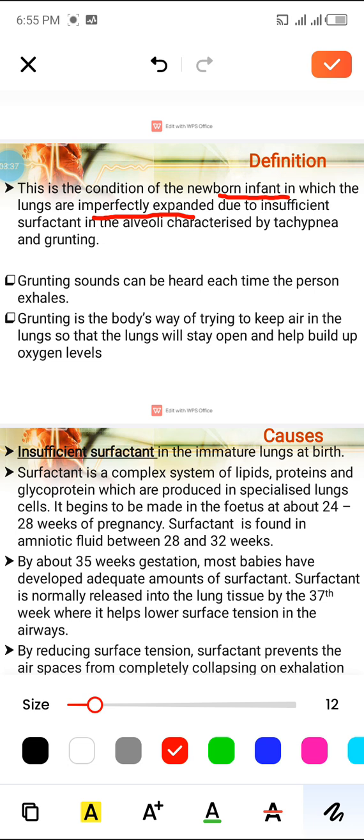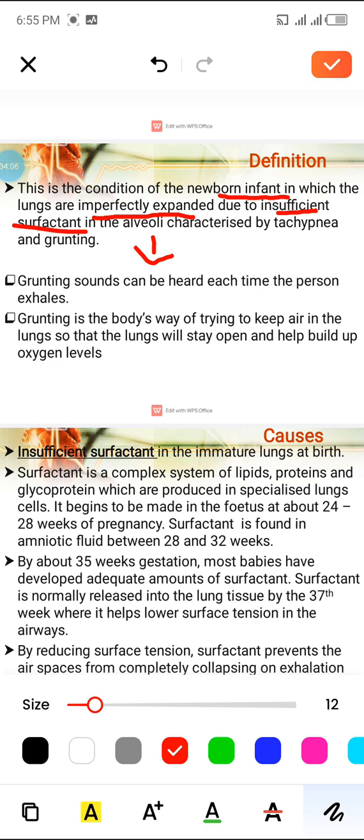If they are not expanding correctly, or they're imperfectly expanding, then you know that this is RDS. But then what is the cause? The cause is a reduction in surfactant, which is saying insufficient surfactant. So whenever you see a newborn with low surfactant, and the lungs are not expanding perfectly, you get to know that this is RDS you're dealing with.